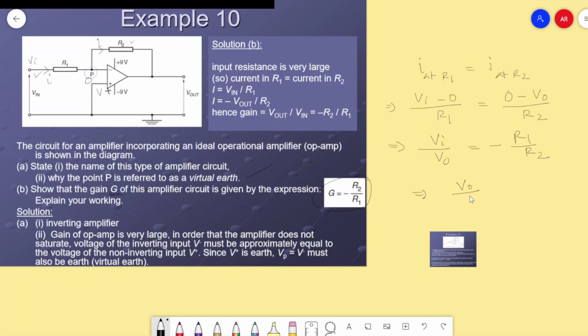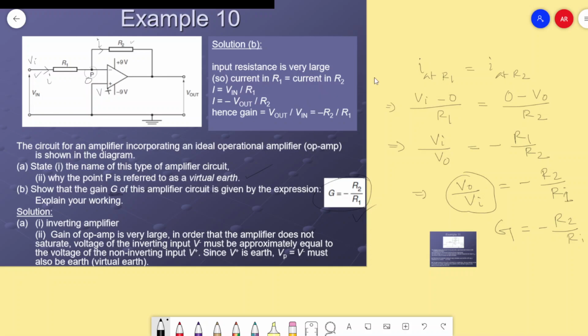If we flip, V out by V in is negative R2 by R1, and V out by V in is gain, so G equals negative R2 by R1. So that's what they asked us to show, G to be negative R2 by R1.